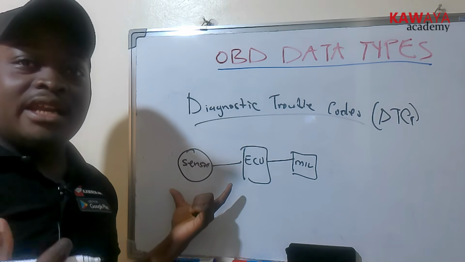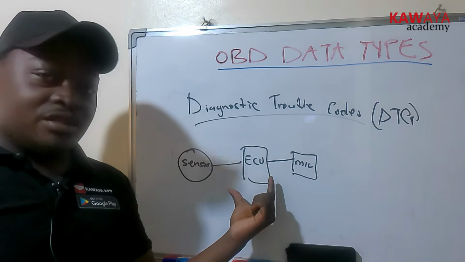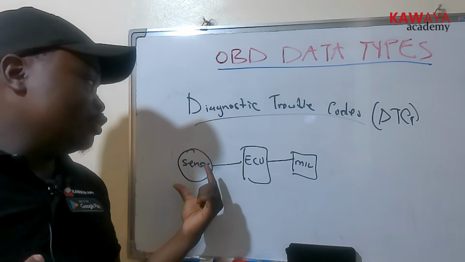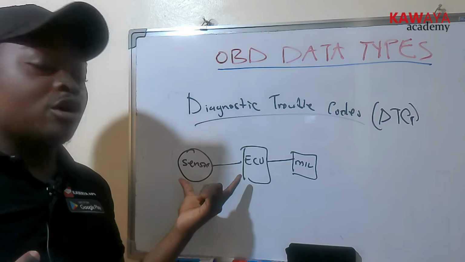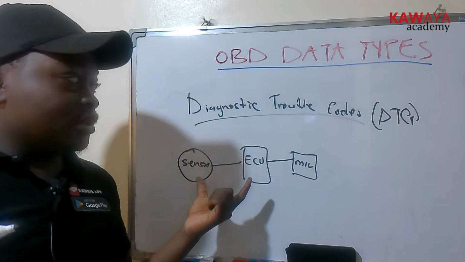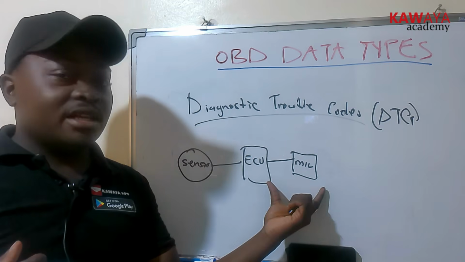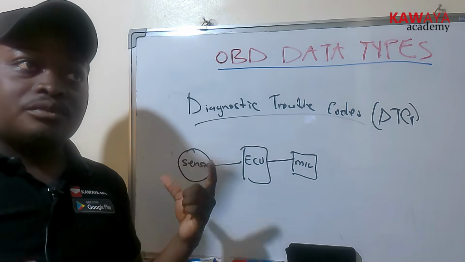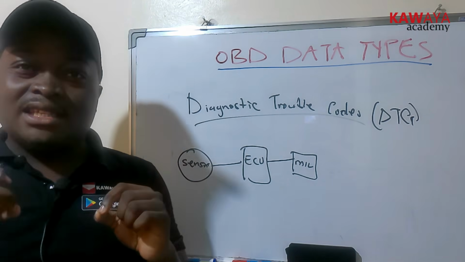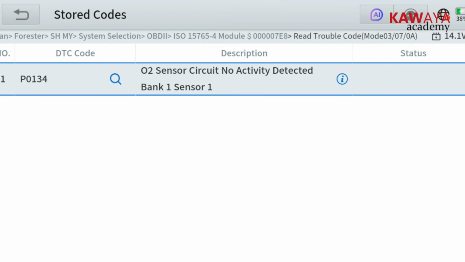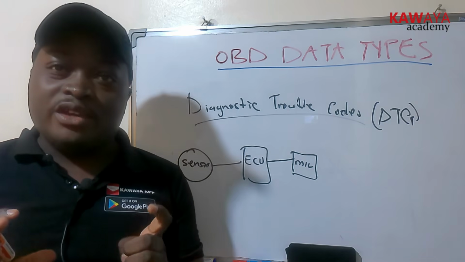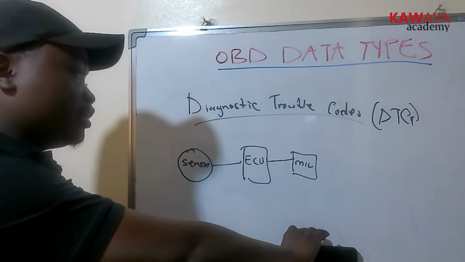If a sensor detects an abnormality, it's going to report to the ECU. So the ECU will store a diagnostic code, and will also illuminate a check engine light. So basically, a trouble code is a code that signifies a specific issue or problem within the car. It's like a form of the ECU reporting to you about what is not going okay in the vehicle. So that's what basically a trouble code is.